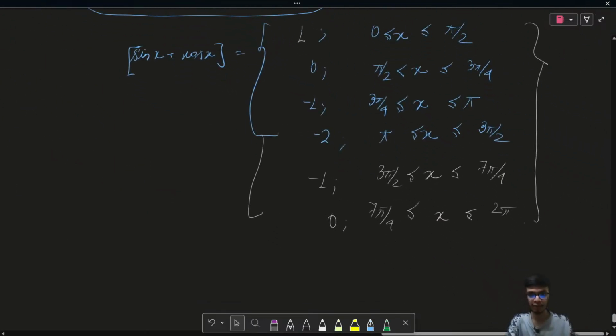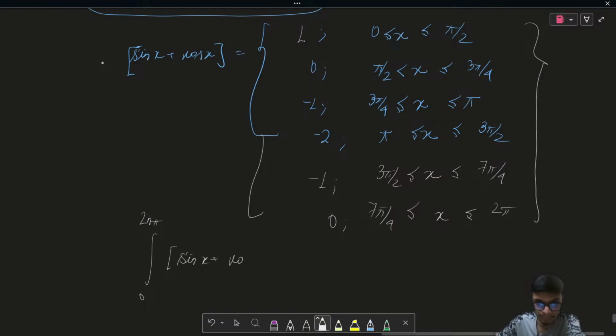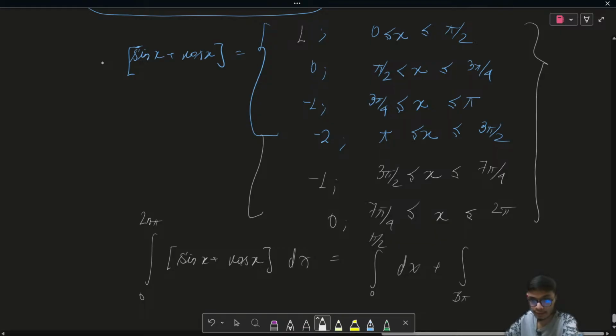So therefore, after doing all this, your integration from 0 to 2n pi of the greatest integer of sin x plus cos x dx is going to be equal to, within the value 0 to pi by 2, it is 1, and then it is 0, so I'm neglecting that, and within 3 pi by 4 to pi, it is equal to minus 1, right?